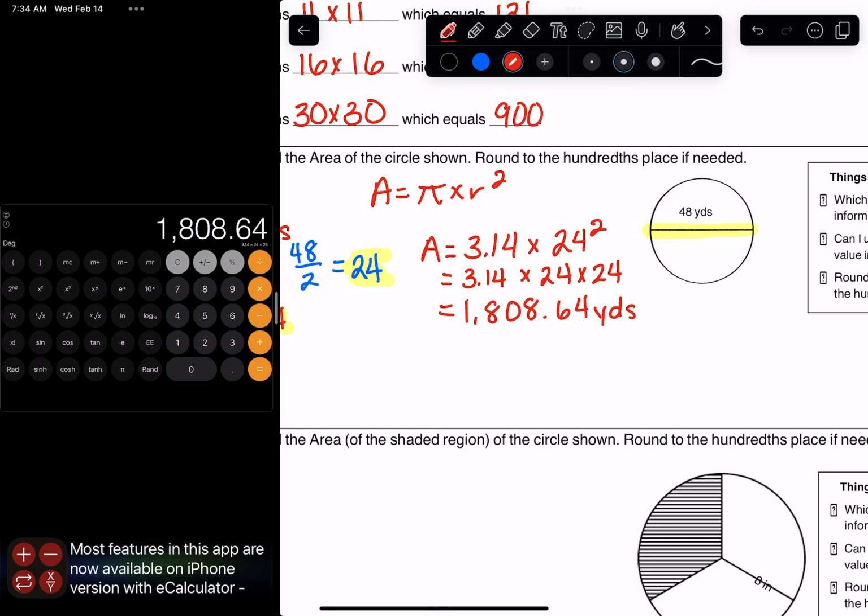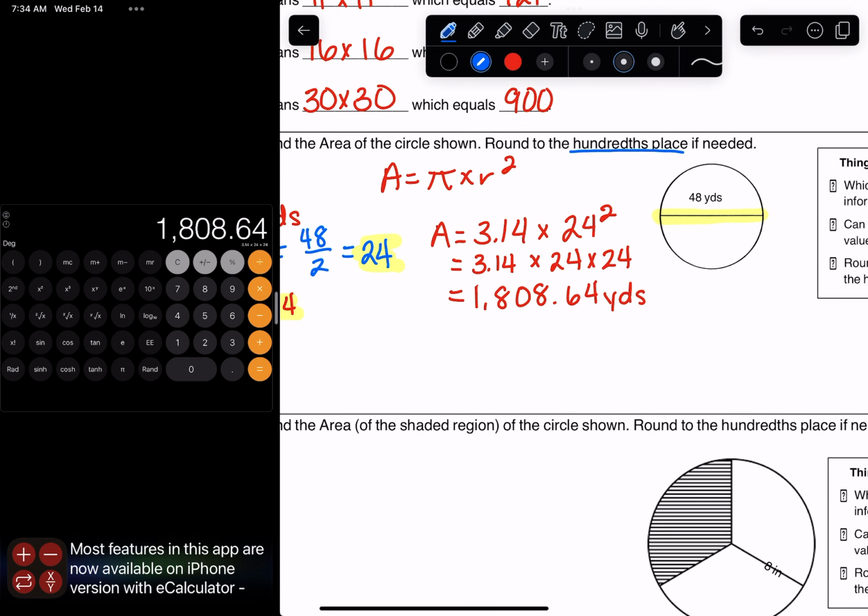yards. Last thing I need to do is make sure that my number is in the hundredths place. Hundredths place, remember, is 2 decimal places. And I have that with my final answer, so I don't have to round.